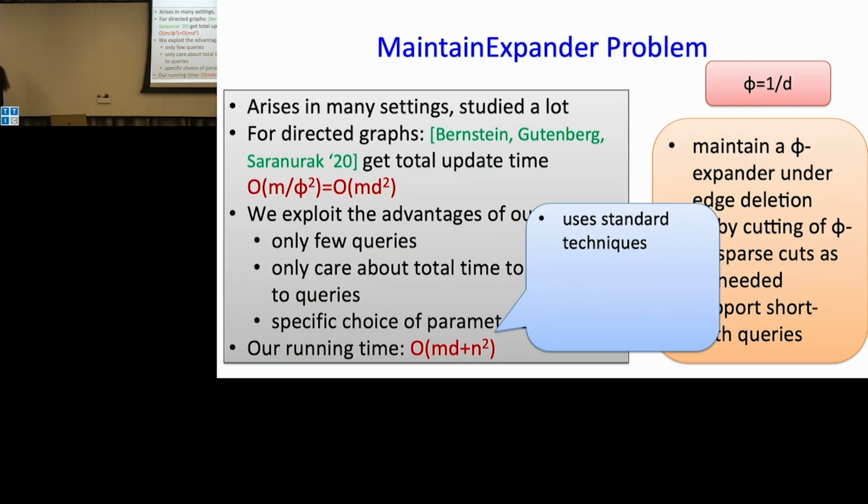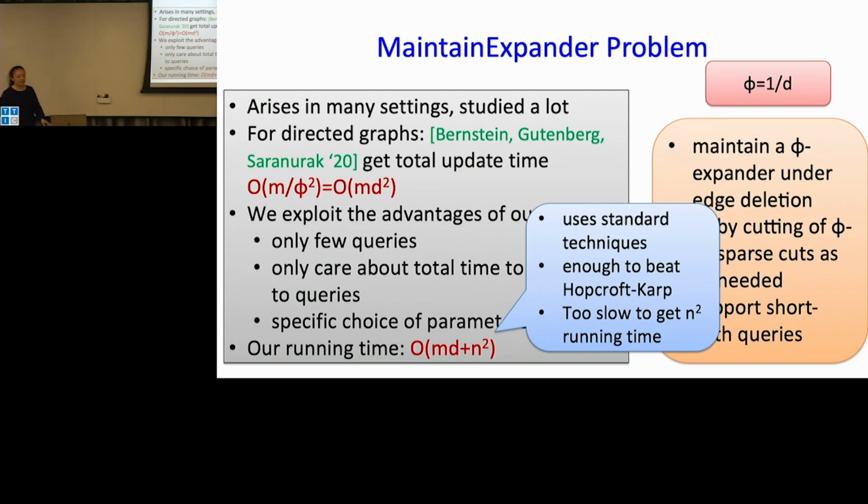Like some of these techniques, like the cut matching game, we get a completely elementary algorithm for it. And again, this m d plus n squared running time only works for this restricted setting, a very specific setting of parameters, which is good enough for the SODA paper, but is not at all good enough for the n squared time that we wanted to get in the end in the STOC paper.